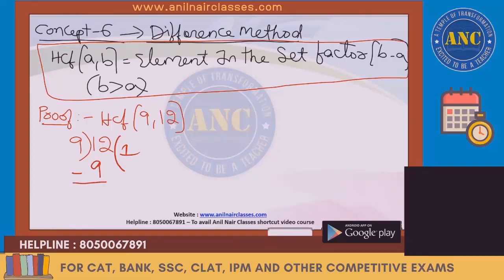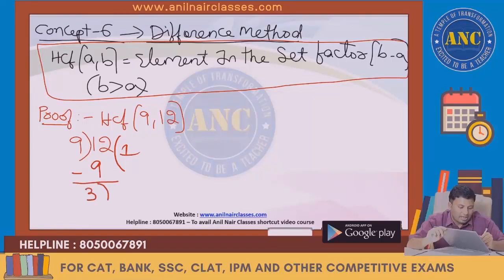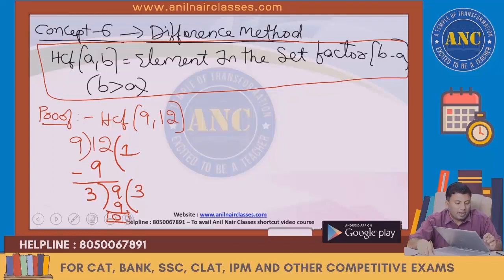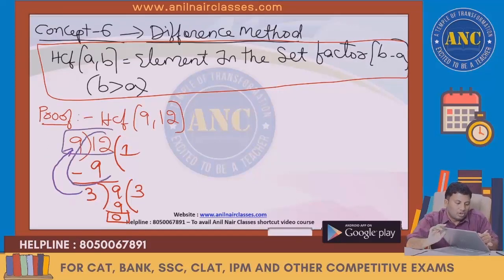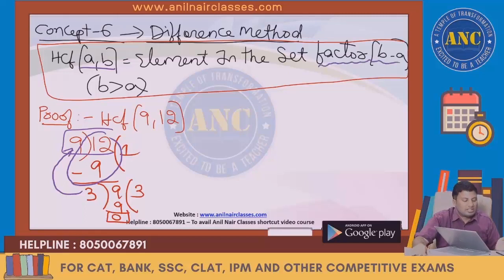I took the difference 3 and checked whether 3 divides 9. 3 3s are 9, remainder is 0. If the remainder is 0, then 3 is the HCF of 9 and 12. What did I do here? 12 minus 9, which is 3.